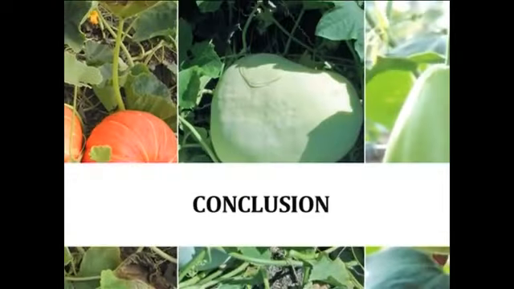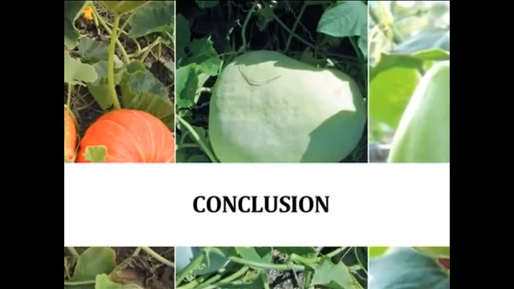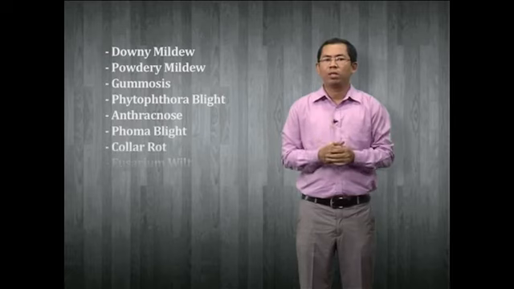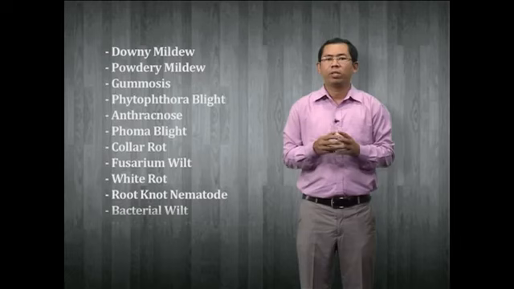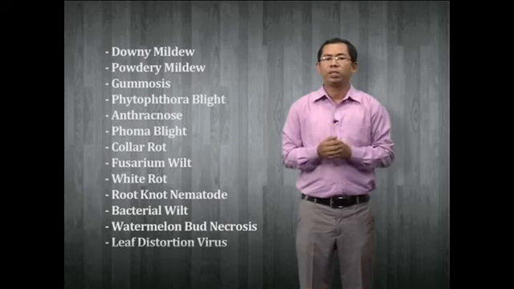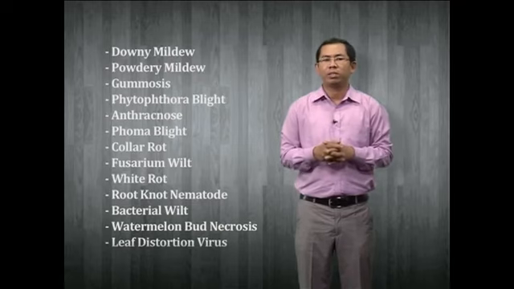Now coming to the conclusions of this topic. Cucurbits are affected by a number of diseases like downy mildew, powdery mildew, gummosis, Phytophthora blight, anthracnose, fruit blight, collar rot, fusarium wilt, white rot, root knot nematode, bacterial wilt, watermelon bud necrosis and leaf distortion virus.